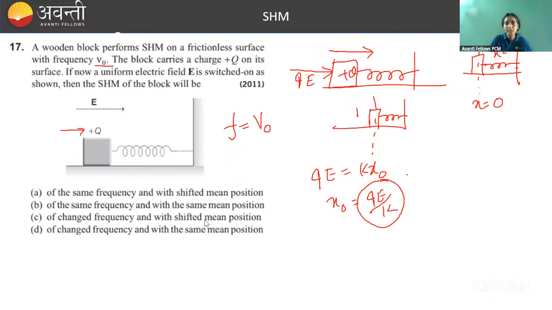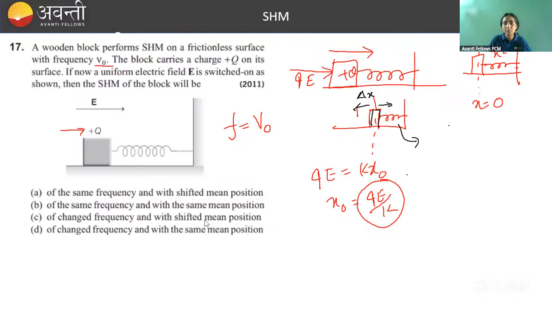Now from this equilibrium position, if you shift this mass in either direction by a small displacement delta X, it will perform SHM. And in this SHM, there is no difference other than the change in equilibrium position.